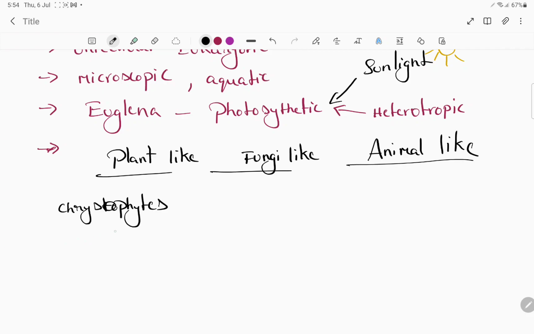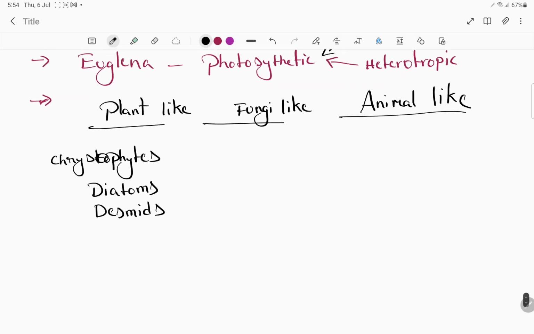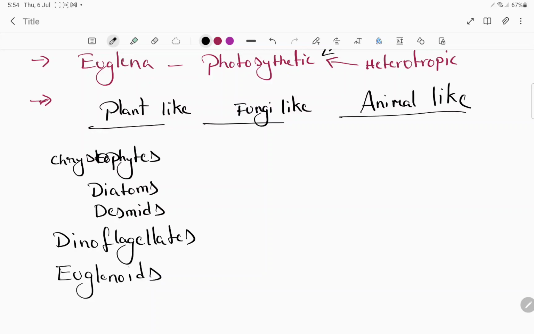Under chrysophytes you will get 2 things: diatoms and desmids. Later on you will be getting dinoflagellates. After dinoflagellates you have euglenoids. Coming to the fungi like, you have slime molds. And animal like you have protozoans.